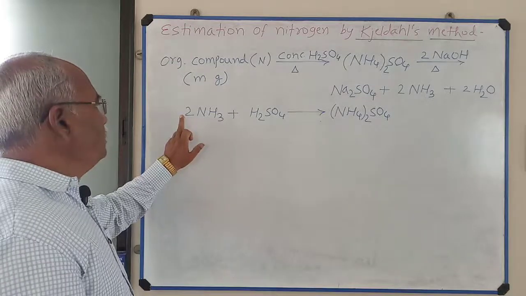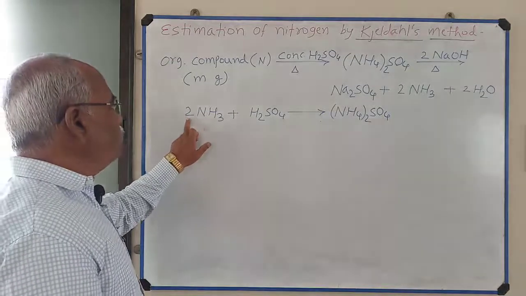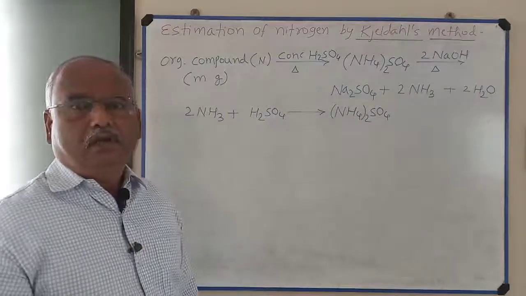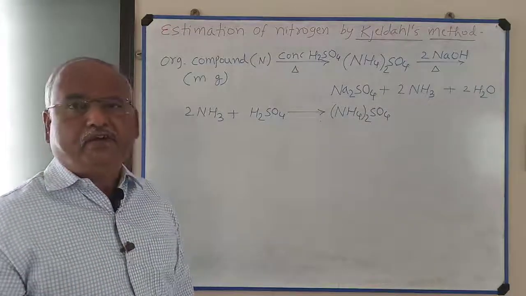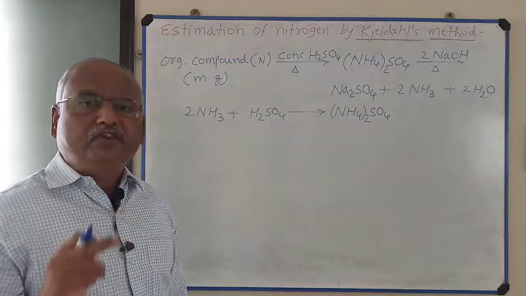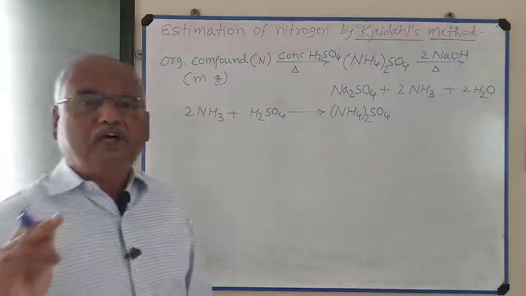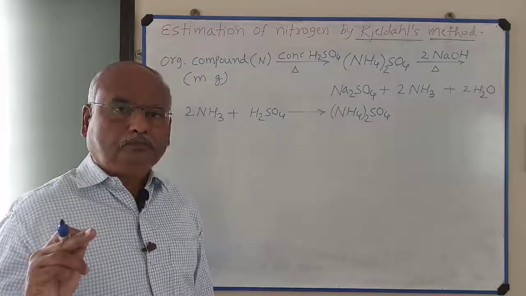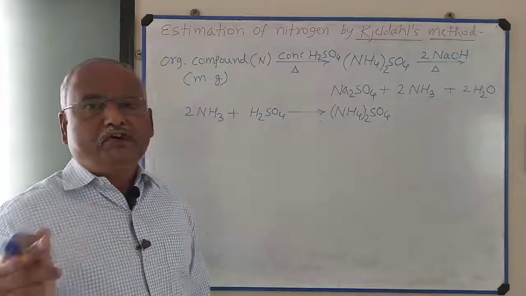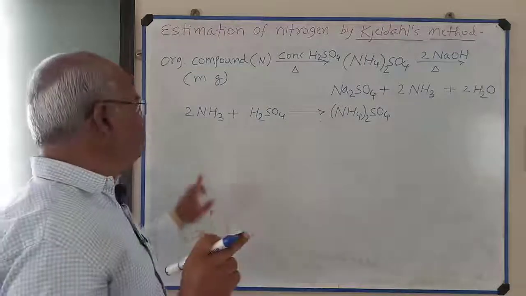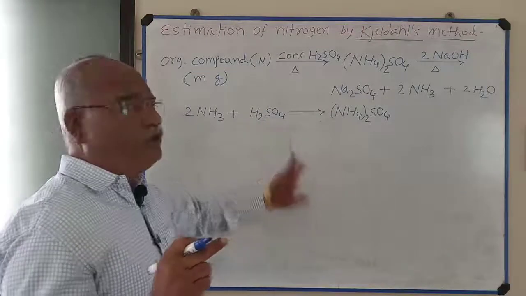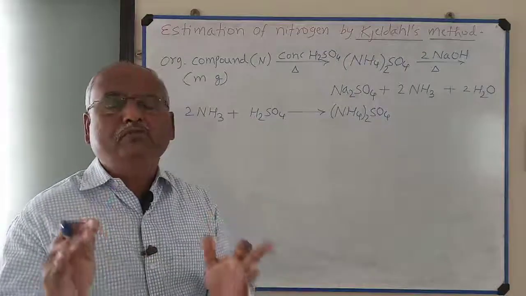The amount of ammonia formed is determined by estimating the amount of sulfuric acid consumed in the reaction.